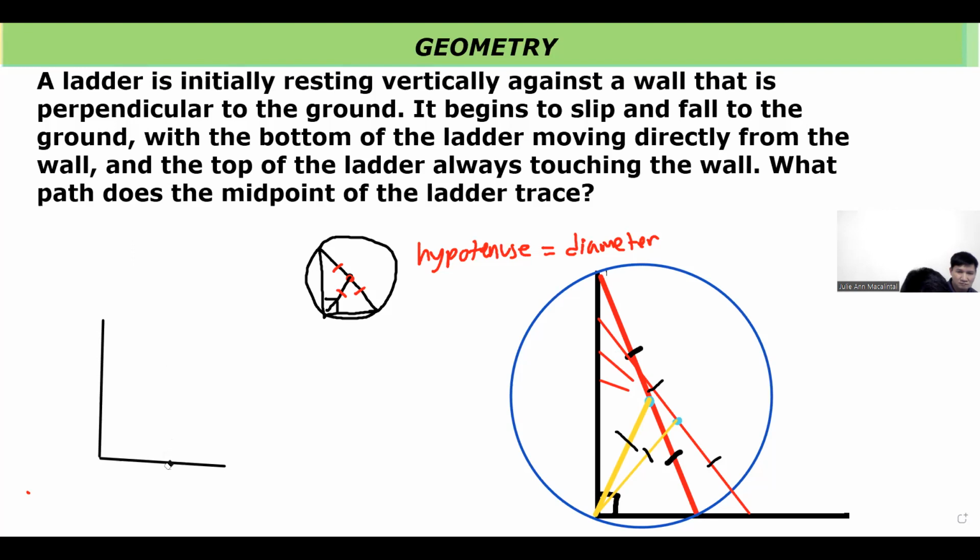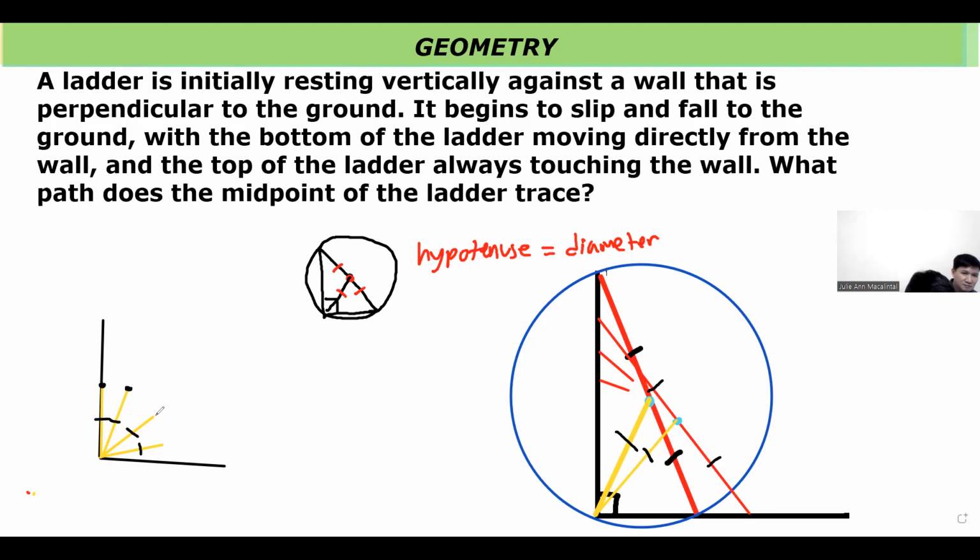So these are the yellow segments that will be formed, first when the wall is touching the ladder. Then as the ladder falls, I will just highlight the yellow segments because that's all we need. The length of the yellow segments is constant. So what is the locus of these points?